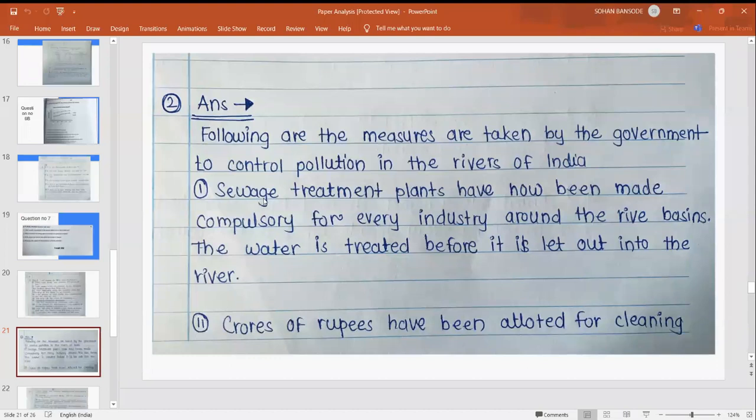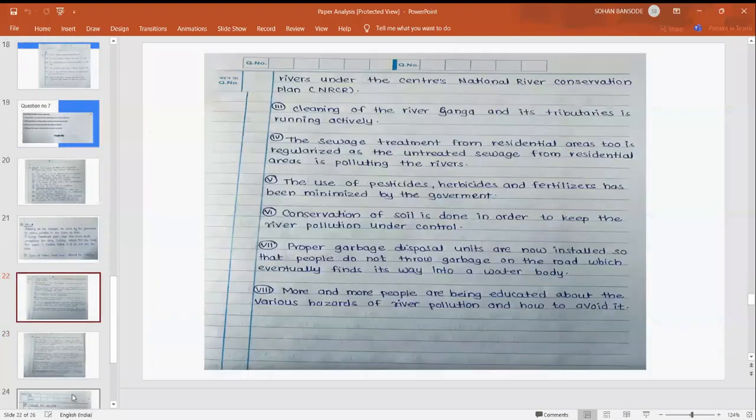Next one point is crores of rupees have been allotted for cleaning rivers under the Centre's National River Conservation Plan, that is NRCP. Third one is cleaning of the river Ganga and its tributaries is running actively.